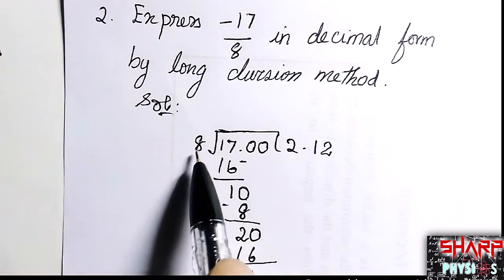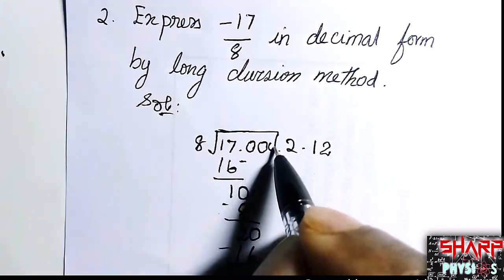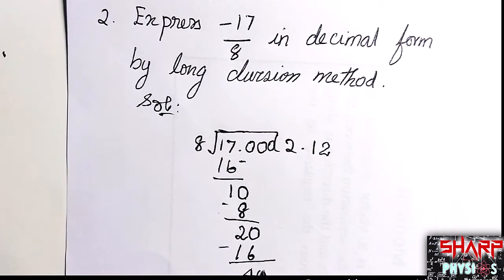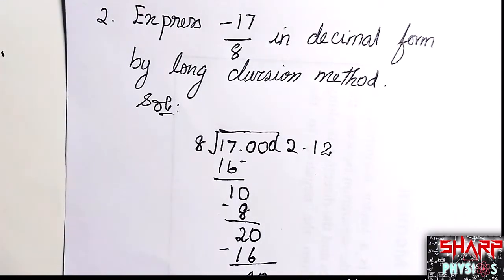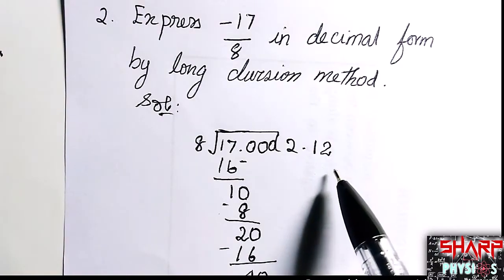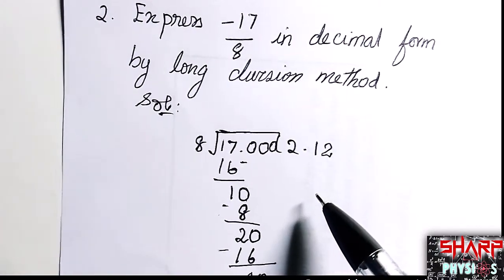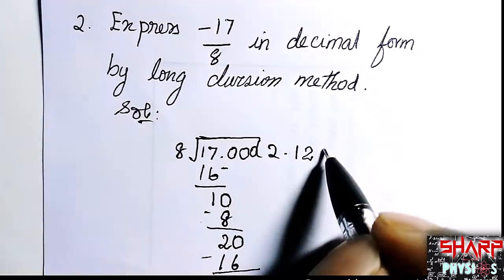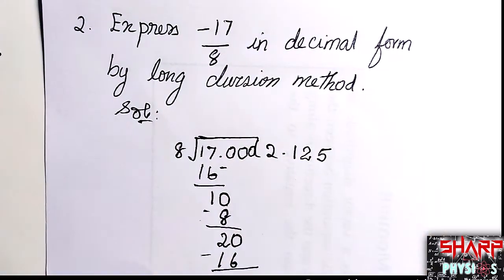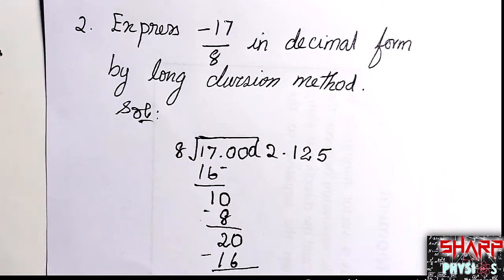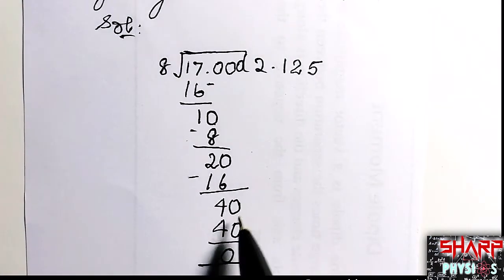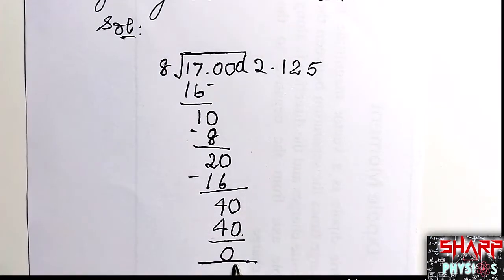So 4 is again less than 8. So you have to add another 0, and you can bring that 0 down. So 8 2s are 16, 8 3s are 24, 8 4s are 32, and 8 5s are 40. So you get a remainder 0. 8 5s are 40, and you get a remainder 0.